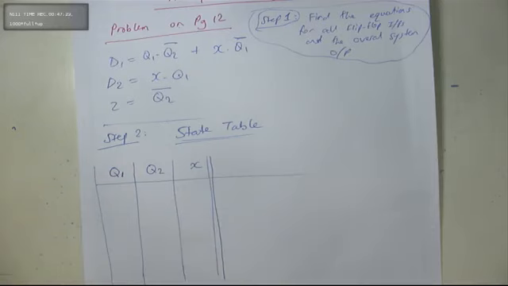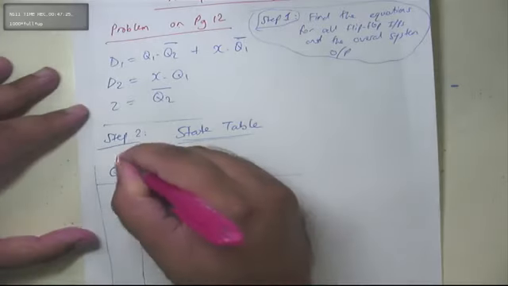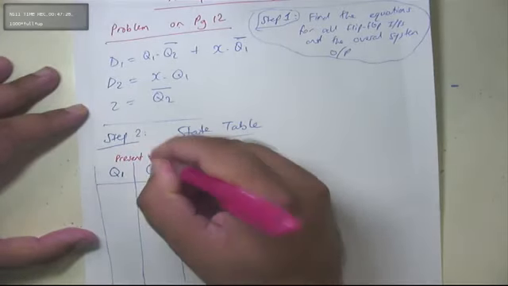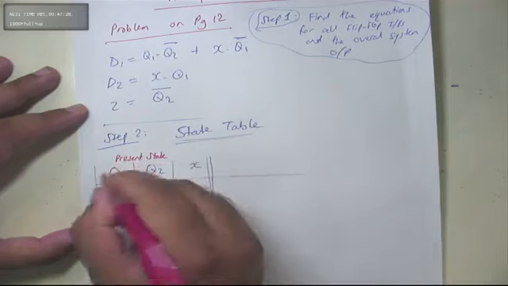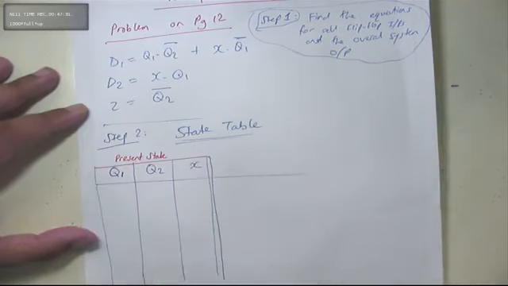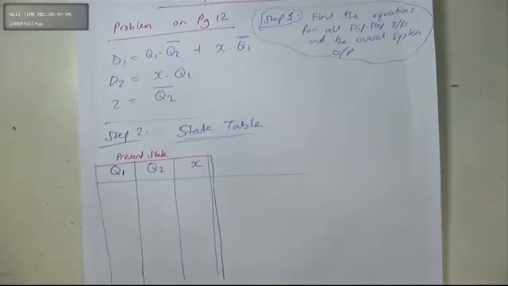This is our present state, and X is the input into the system.